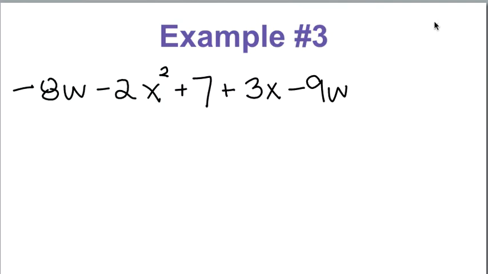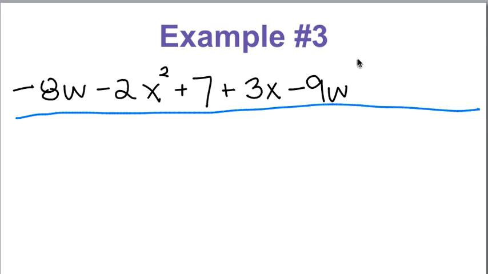Let's take a look at another example. So get example 3 copied. Let's draw our little T-chart. Step number 1, look for any subtraction that we've got. Complete the additive inverse.